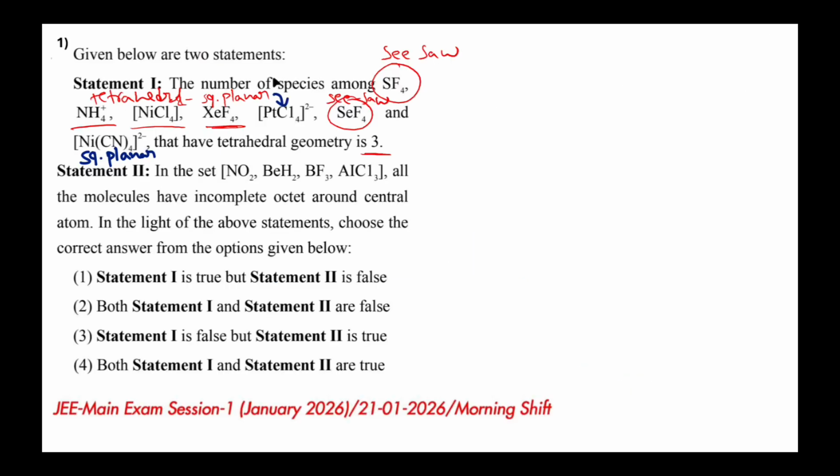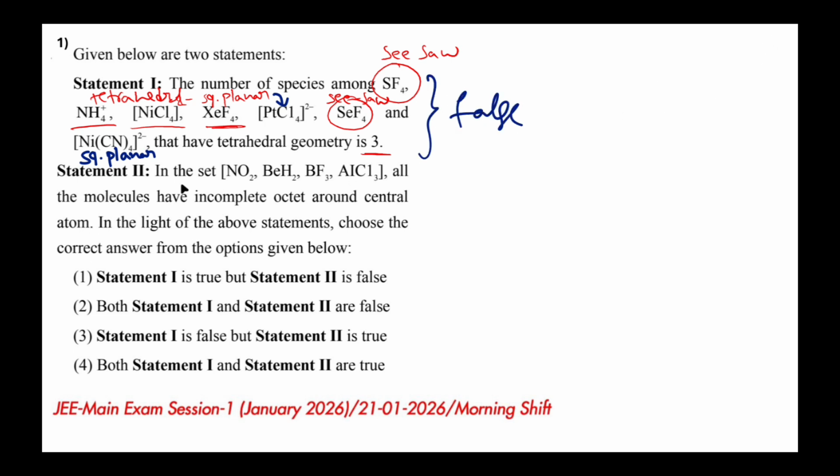If you observe statement 1: SF4 is seesaw, NH4+ tetrahedral and NiCl4 also tetrahedral, XeF4 square planar, PtCl4 2 minus also square planar, Ni(CN)4 2 minus also square planar, and SF4 is seesaw. So how many are tetrahedral? Only 2 tetrahedral, but they have given 3. So this is a false statement.